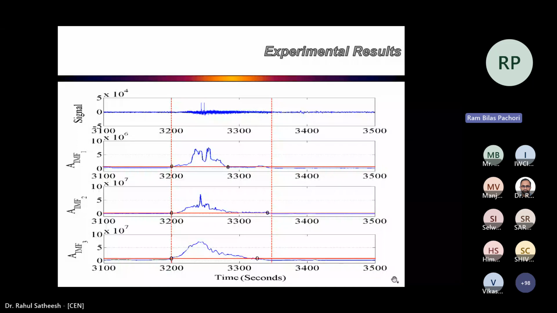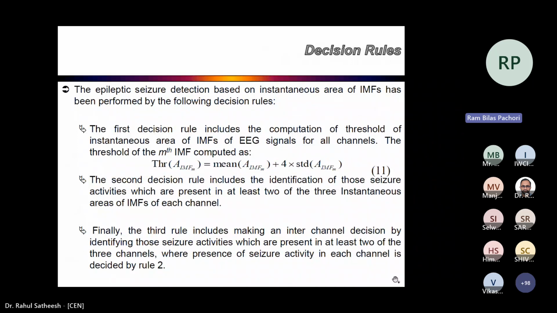Next slide, please. In order to have more reliable epileptic seizure detection based on the extended area of IMFs, this has been performed by the following decision rules. The first decision rule requires the computation of the threshold of the extended area of IMFs for all channels, and the threshold of the nth IMF is computed by equation 11.